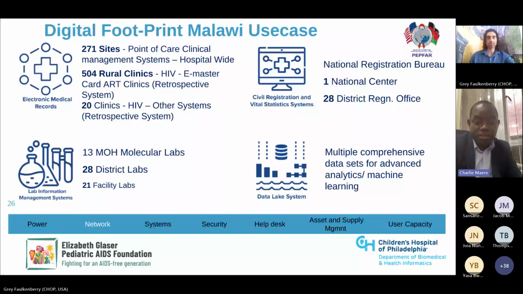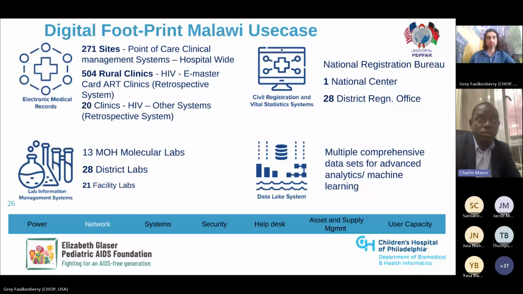And then apart from that, we actually digitized what we call civil registration and vital statistics systems. This is the electronic birth certificate generation and electronic death certificate generation, where every Malawian who is born and given a birth certificate comes from this system.